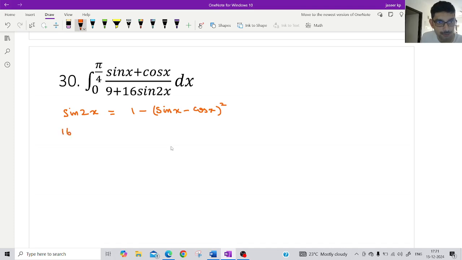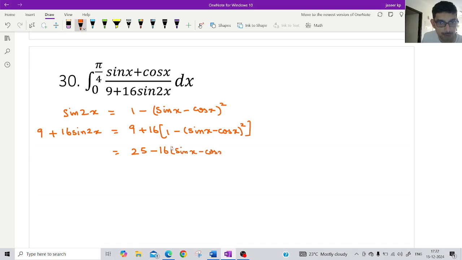So now 16 sin 2x is there, 9 also is there, so the whole thing will change to 9 plus 16 into 1 minus sin x minus cos x whole square. So it will come as 25 minus 16 into sin x minus cos x whole square. The denominator will become 25 minus 16 sin x minus cos x whole square.